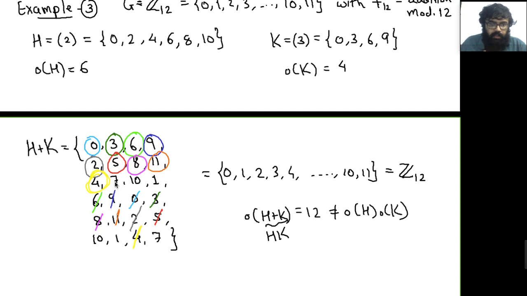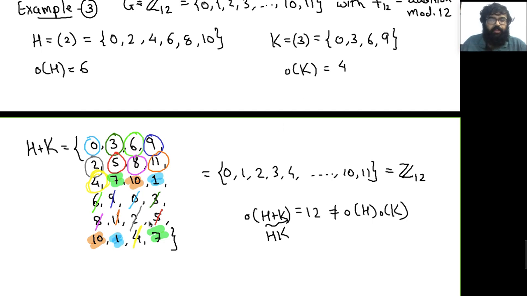So then there is 7. 7 is also appearing twice. And then there is 10, and 10 is also appearing twice. And 1 is also appearing twice.